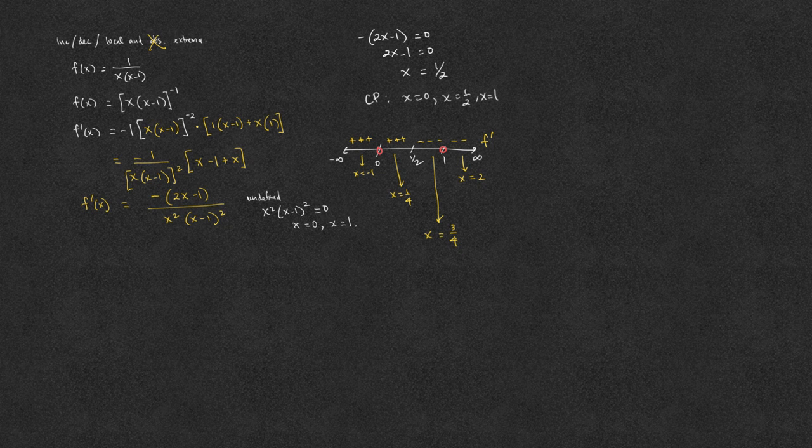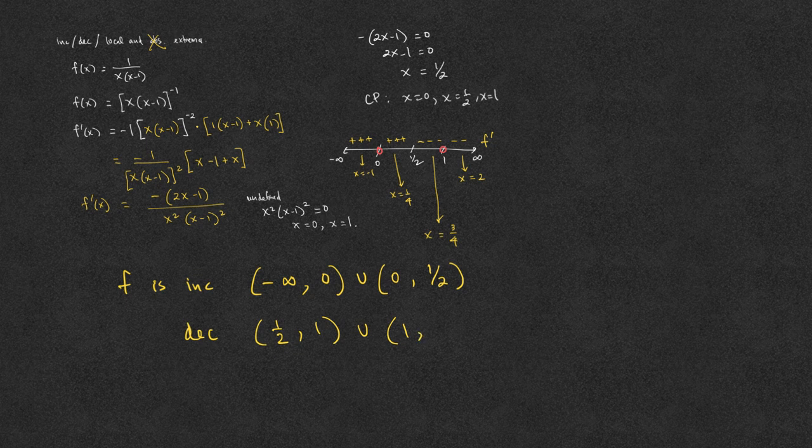Now, f is increasing on the interval negative infinity to 1/2, but we cannot go through 0, so we have to stop at 0. The function is increasing from negative infinity to 0, union with 0 to 1/2. The function is decreasing on the interval 1/2 to 1, union with 1 to infinity.